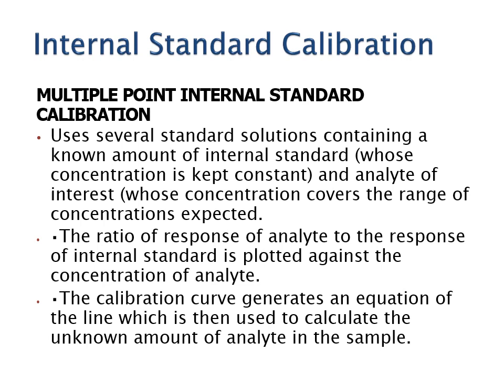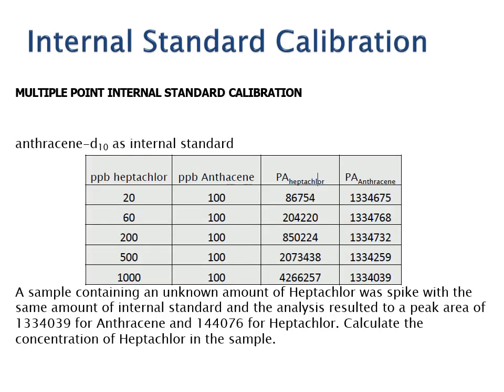The ratio of the response of analyte to the response of internal standard is plotted against the concentration of analyte. Then the calibration curve generates an equation of the line which is then used to calculate the unknown amount of analyte in the sample. Okay, let's answer this all together.